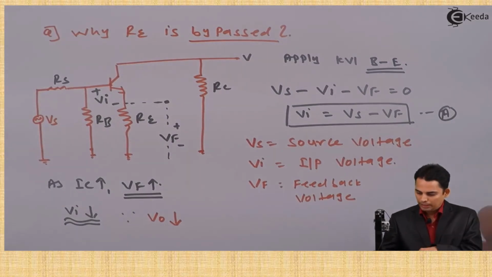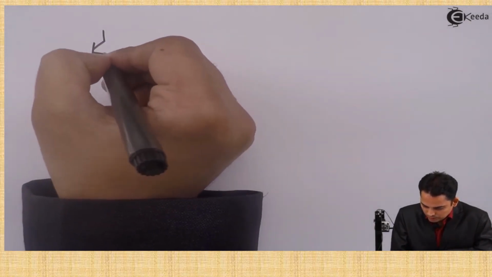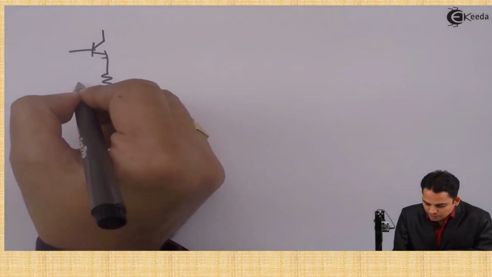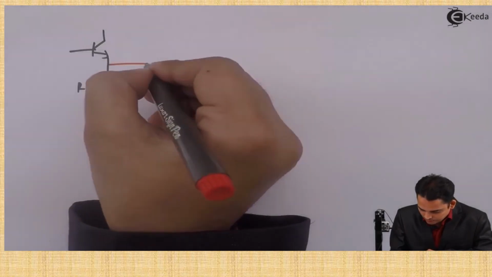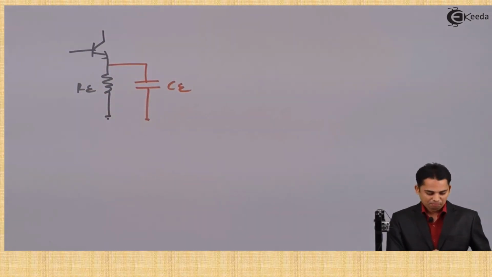What will happen because of that? Let's see. What I am saying is, suppose this is your Re or emitter resistor. Let's add a capacitor across it. The name of capacitor is CE.